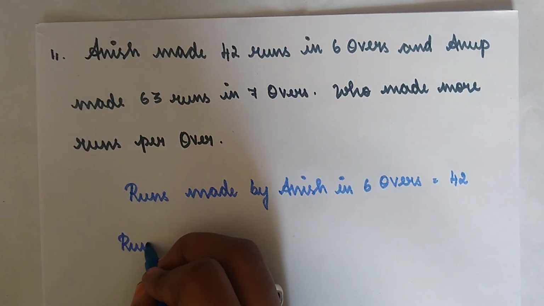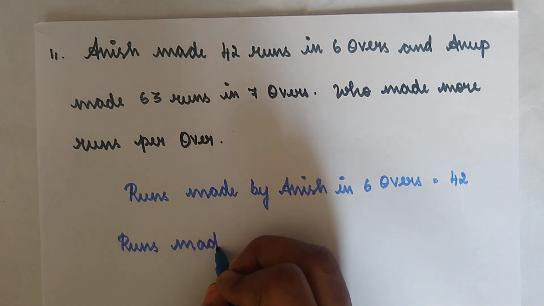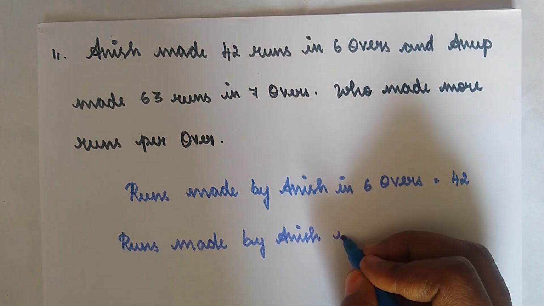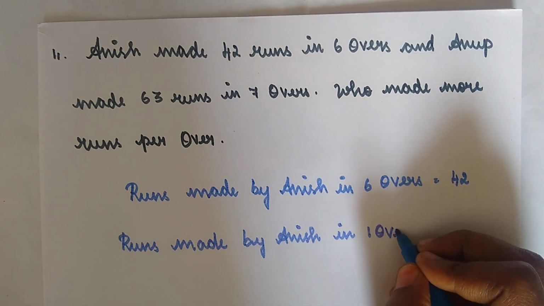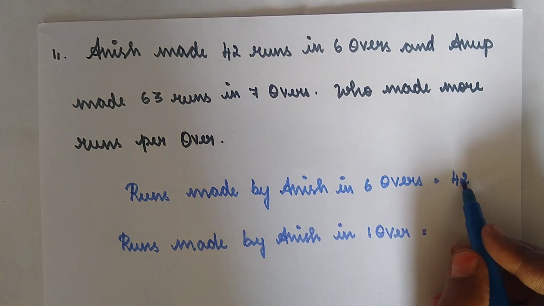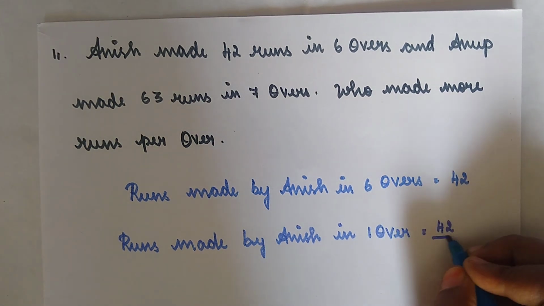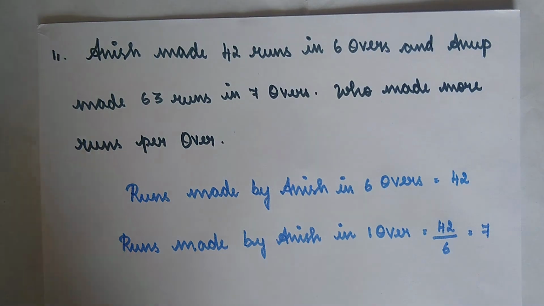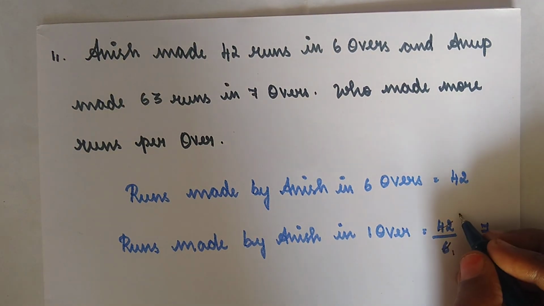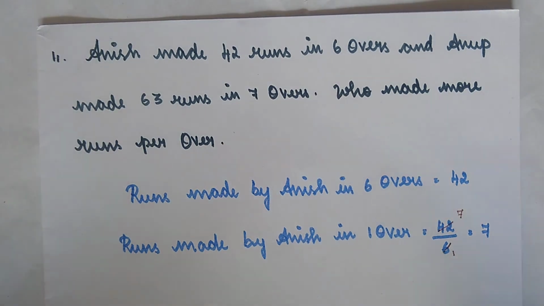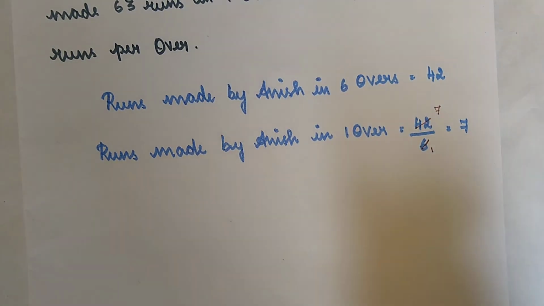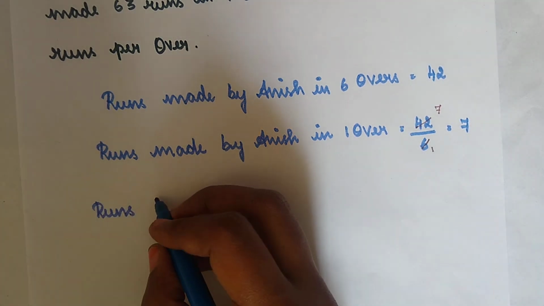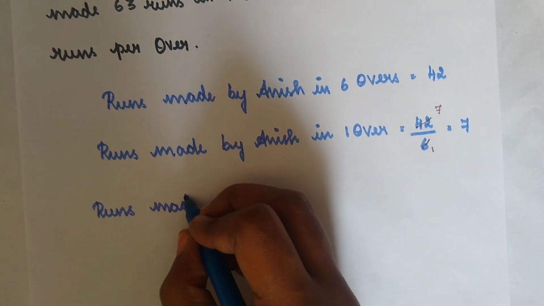Okay. So first we have to find the runs made by Anish in 1 over. So runs made by Anish in 1 over equal to, we have to divide 42 by 6. We have to cancel in 6 table. 6 sevens are 42. Same process we can follow for Anup.